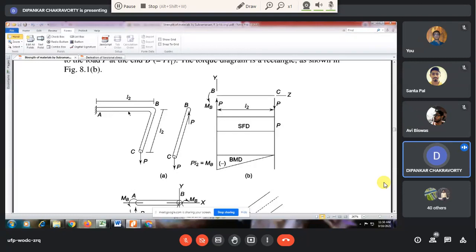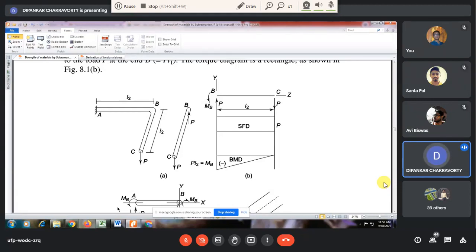This member is horizontal and this member is also horizontal. Now length AB, that is basically L1. This is a misprinting. This will be L1, and member BC, that is L2, and we have a vertical force P acting at the tip C.